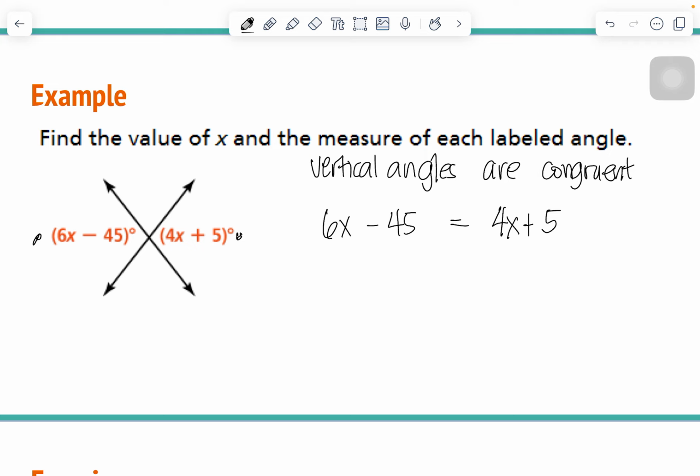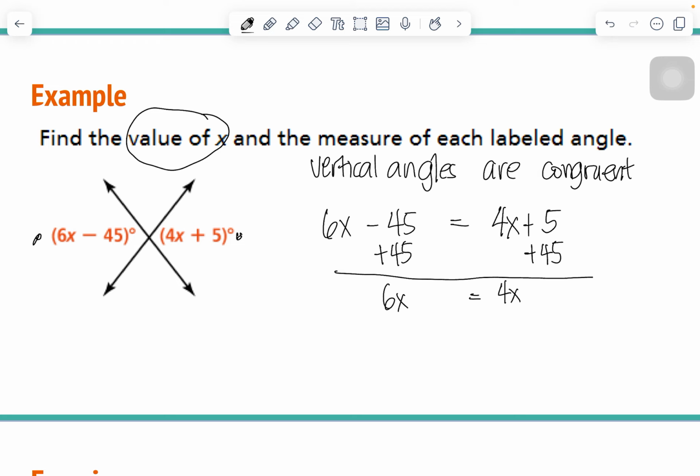So let's find the value of x. By the addition property of equality, we add 45 both sides. So you have 6x is equal to, bring down 4x, negative 45 plus 45 is 0, that's why it's 0 there. And 5 plus 45 is 50.